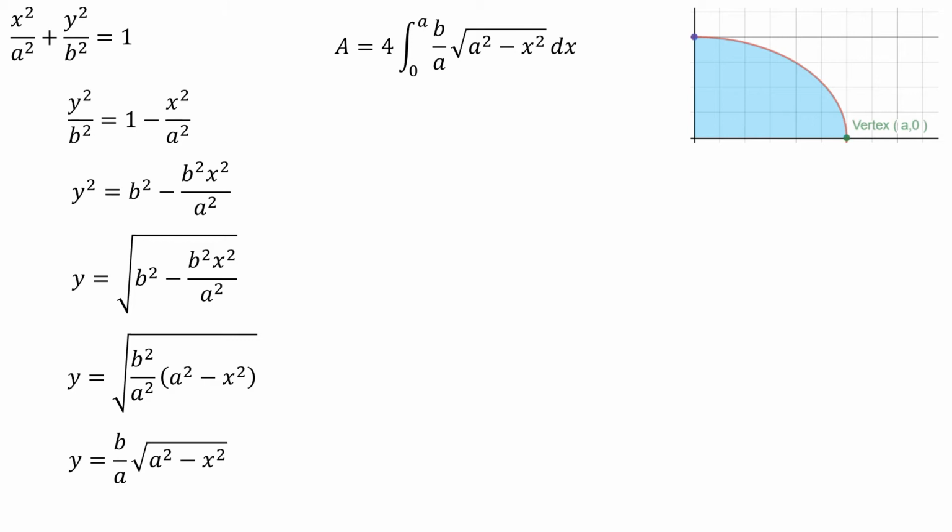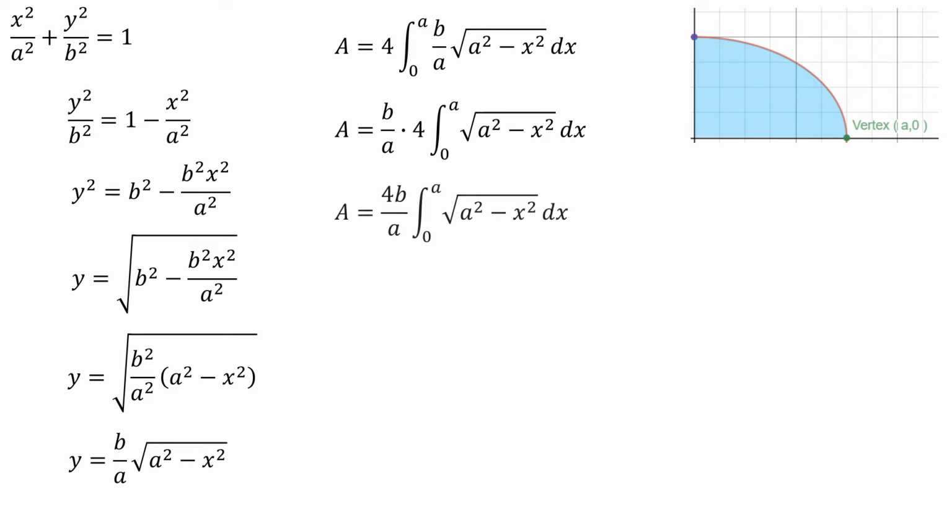Delta x, or dx, is the width of each rectangle. And because b over a is just a coefficient, and whenever we integrate, the coefficients just sit there, we can move that in front of the integral. So I've got 4 times b over a times that integral.